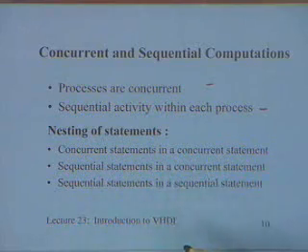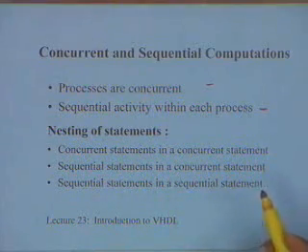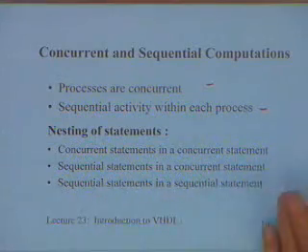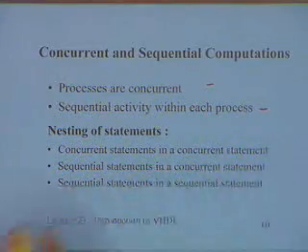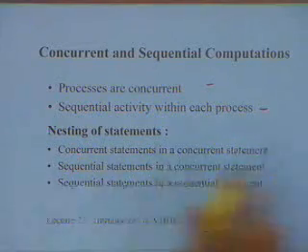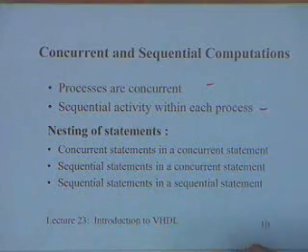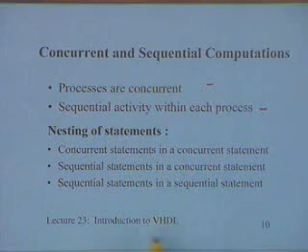So you have concurrent statements in a concurrent statement. If they have more concurrent statements within a concurrent statement, they are all concurrent. Concurrency is flat in the sense that basically all processes are active all the time. So there is nothing like it starts and it ends. Sequential statements in a concurrent statement. So within a process you can have sequential statements, and sequential statements in a sequential statement.